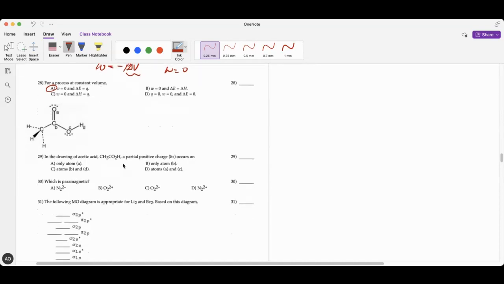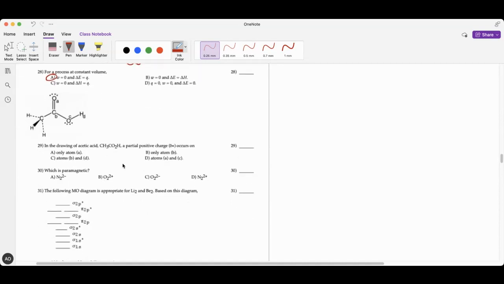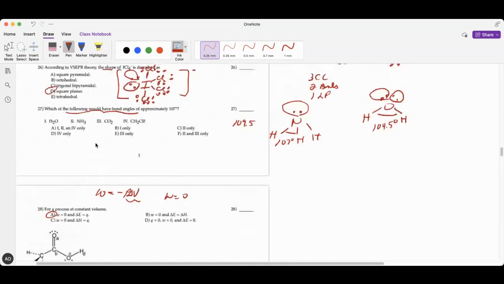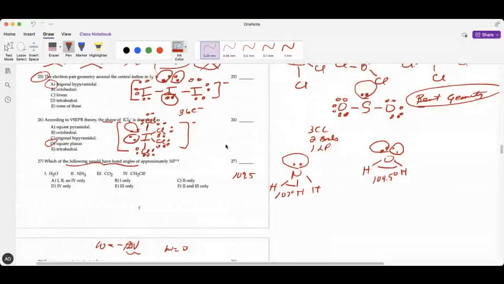Dr. O'Connor, I'm sorry, but going back to 26, is there an extra pair of electrons on iodine?